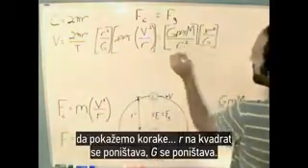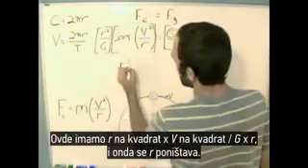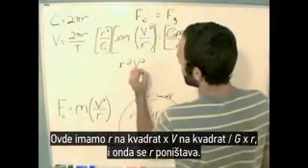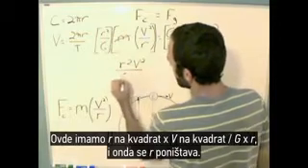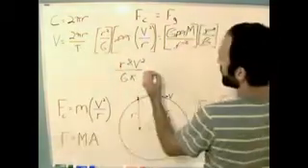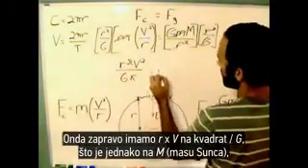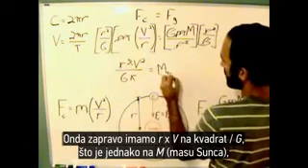So R squared cancels, G cancels. Over here you've got R squared times V squared over G times R, and then this R cancels. So you really just have R times V squared over G is equal to the mass of the Sun.